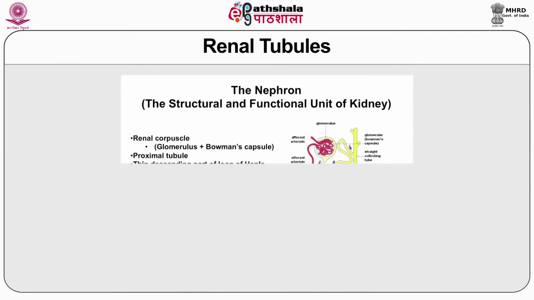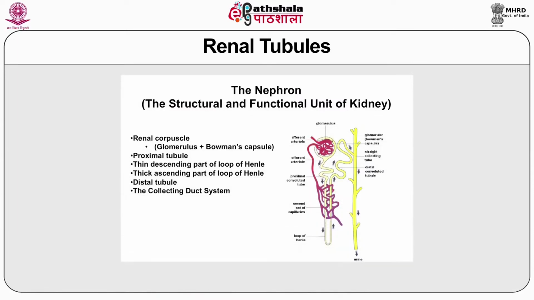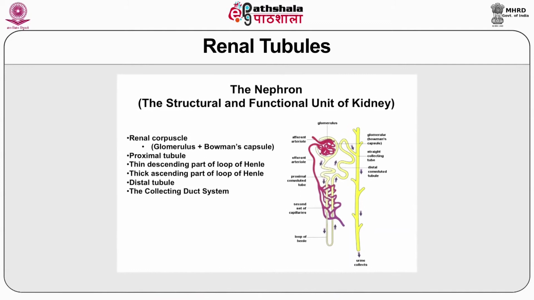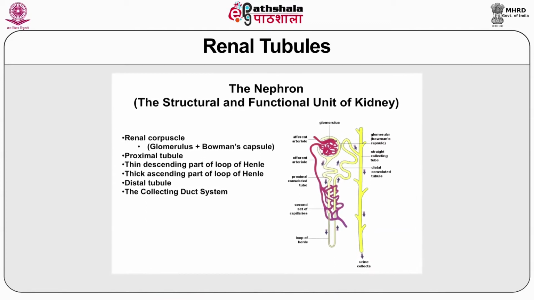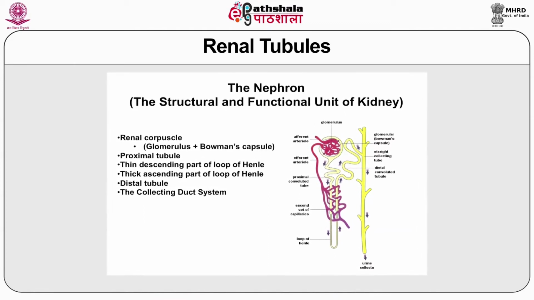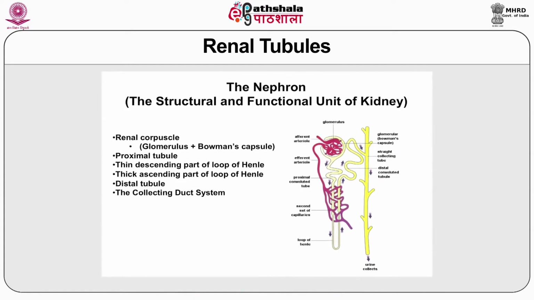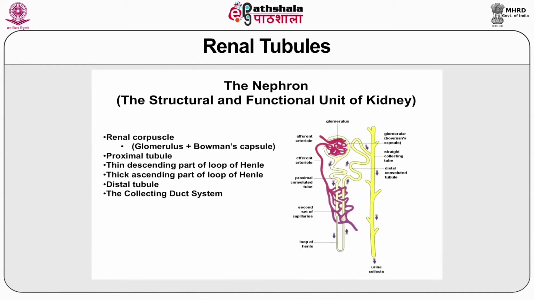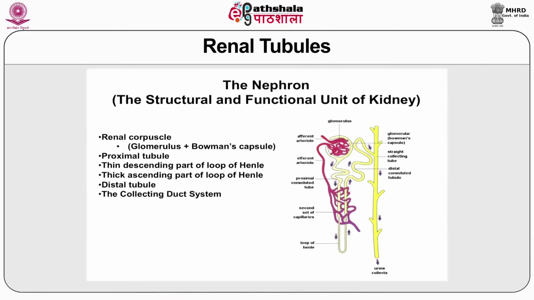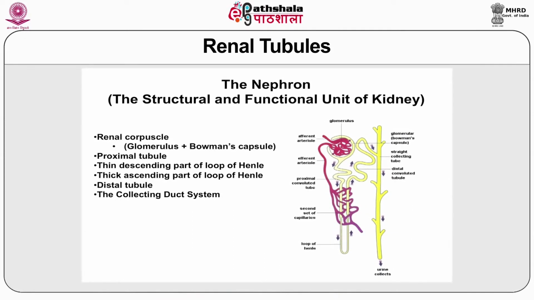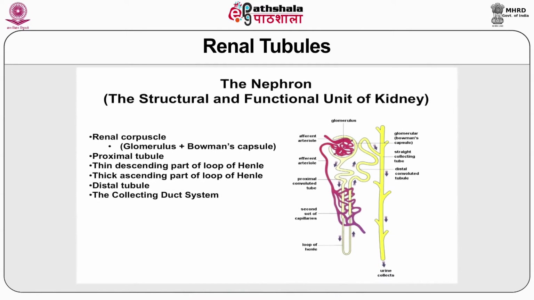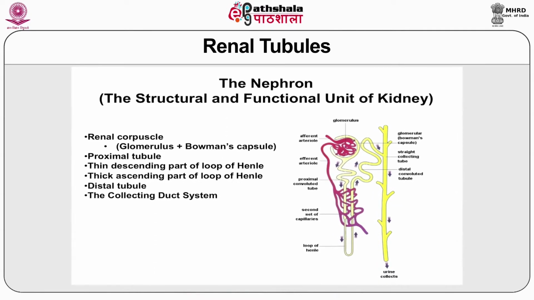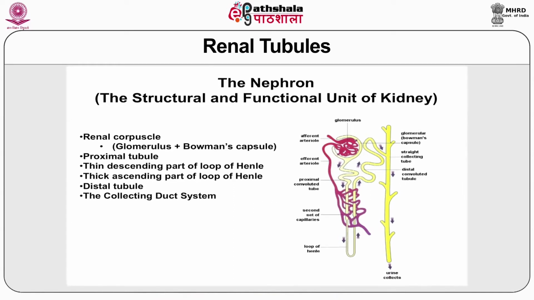Nephrons are further divided into the renal corpuscle and tubule. The renal corpuscle is a rounded structure consisting of two components. The glomerulus is a tuft of anastomosing arterioles in which blood comes in through the afferent arteriole and leaves through the efferent arteriole.